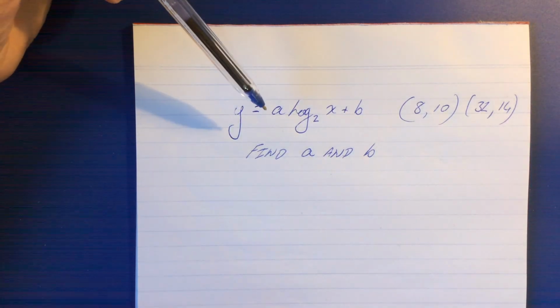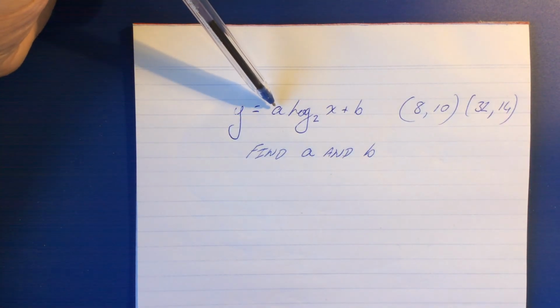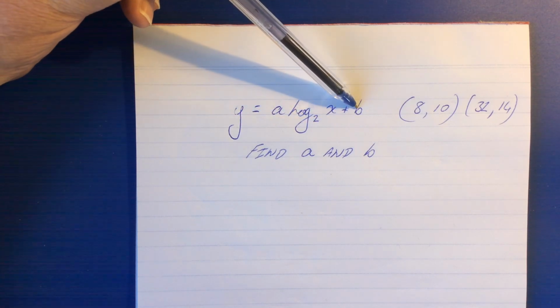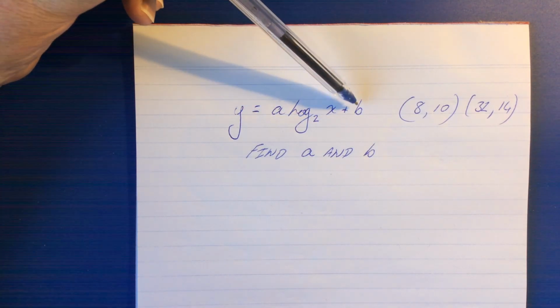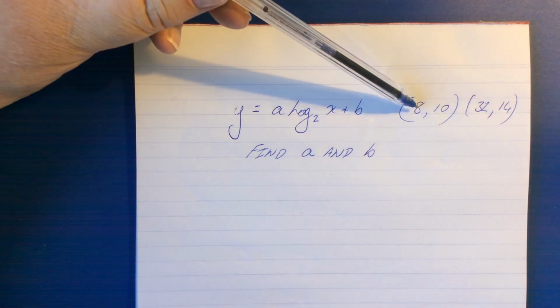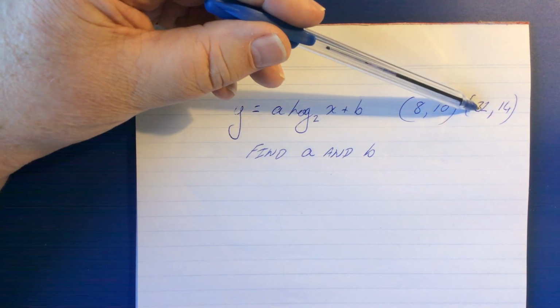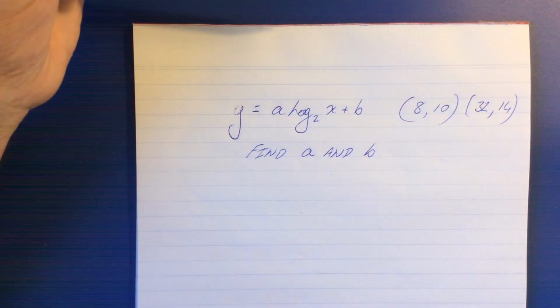Now, we are told that we have a function in this form, a log in base 2 of x plus b, and that there are 2 points on this function that we know: (8, 10) and (32, 14).